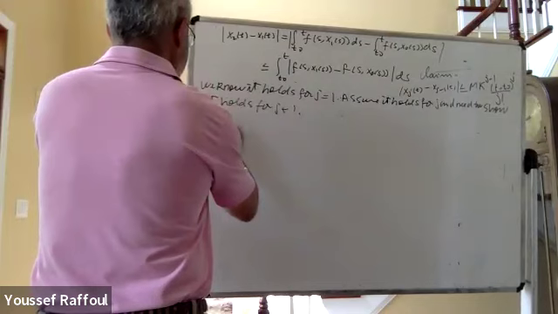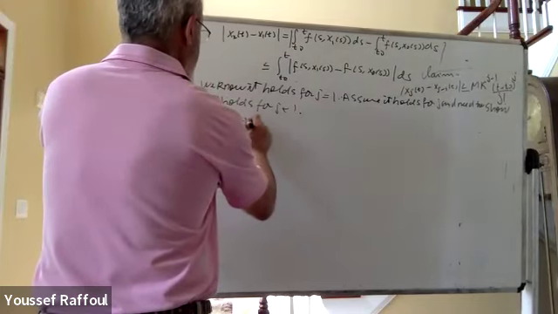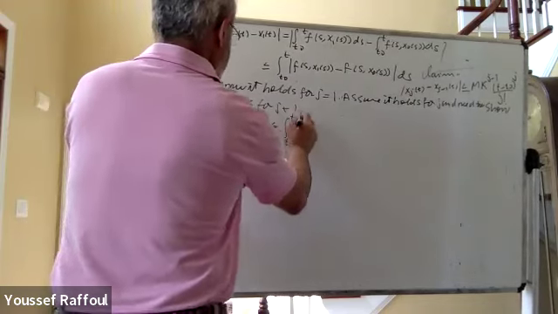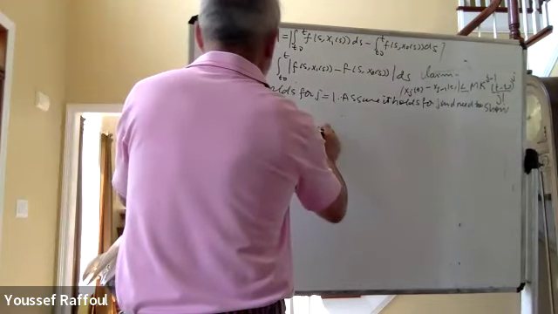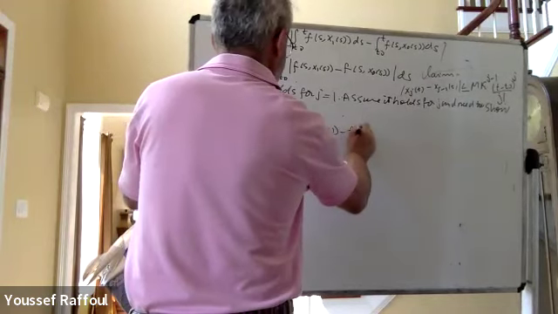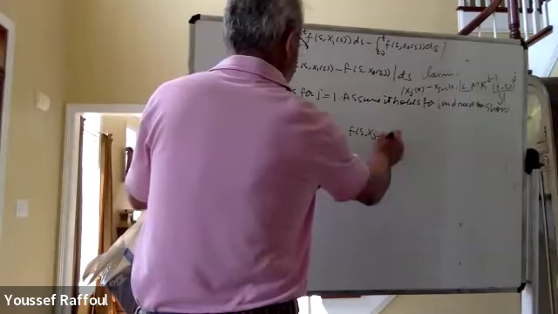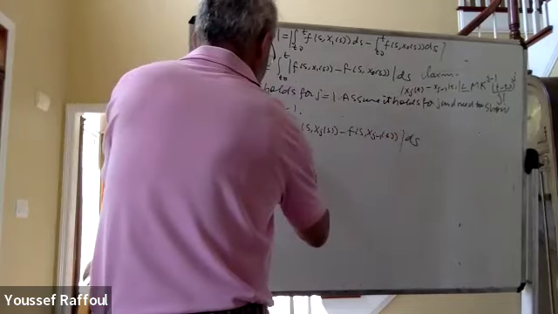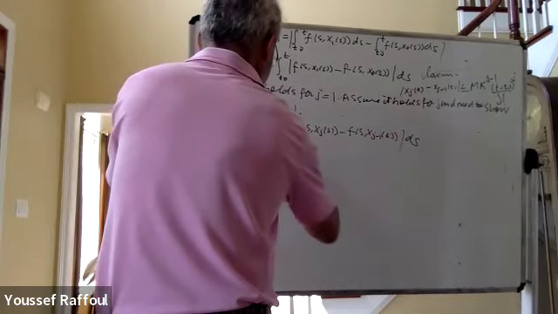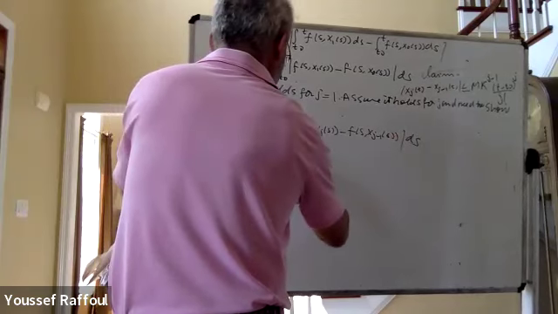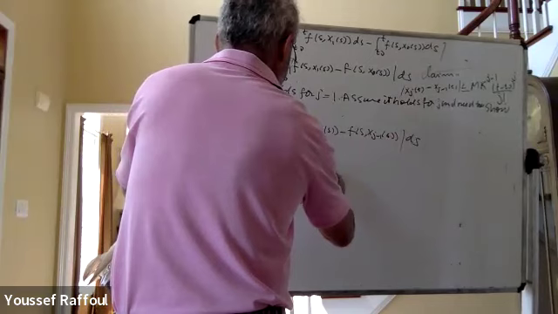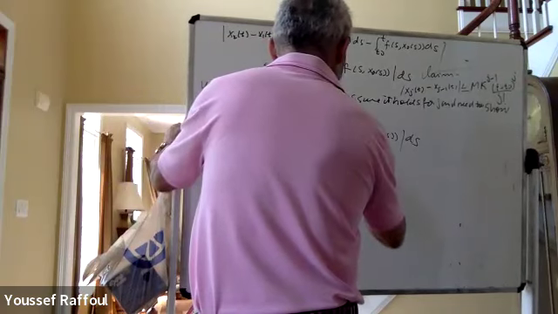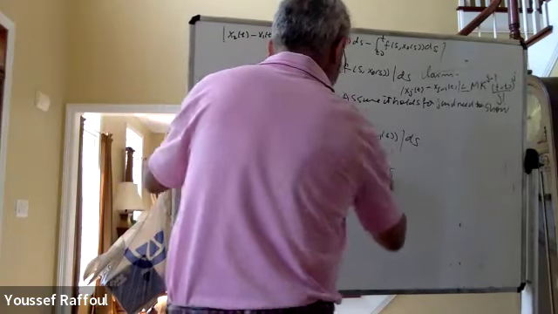Well, let's see. If I have xj plus 1 of t minus xj of t, that is less or equal to the integral from t naught to t of f of s, xj of s minus f of s, xj minus 1 of s ds. This is less or equal to k times the integral from t naught to t of xj of s minus xj minus 1 of s ds.